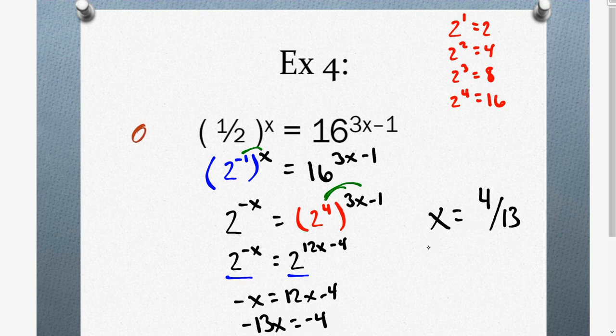Kind of a weird number, don't you think? Yeah, but does it have to be one of the same 20 numbers as an answer for every problem? You're not in second grade anymore. You're going to get some weird, funky answers. Can you check this answer? Absolutely, so long as you leave it in fraction form and you plug it in.